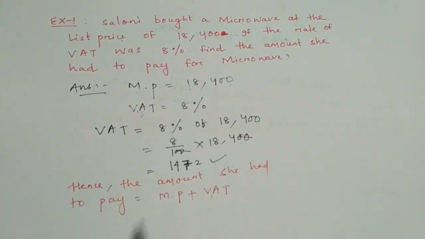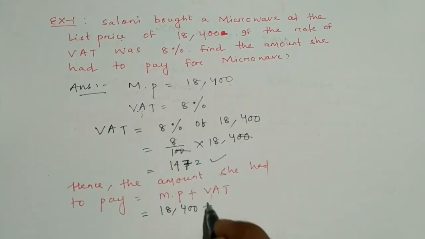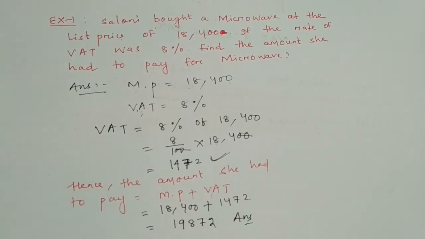So here we have mark price 18,400 plus VAT we found, 1472. So doing the addition we get 19,872 is my answer. Okay, so this will be your traditional method.